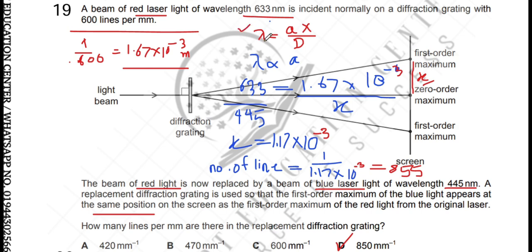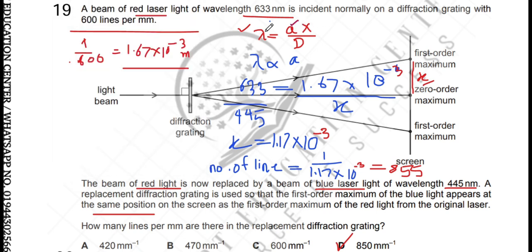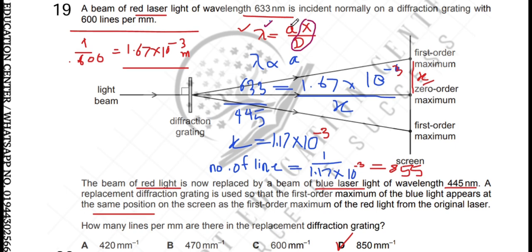If you use the formula lambda equals ax by d, here only a and lambda change, but x and d remain unchanged, and the values of x and d are not given, so you will use the unitary method. The connection is directly proportional. Lambda is directly proportional to a, which is the distance between the diffraction slits.